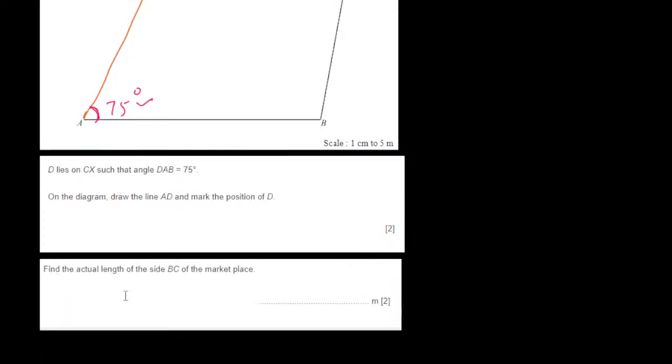Now find the actual length of side BC of the marketplace. The scale is given. With the help of your scale, you measure this BC length in centimeter and then multiply that with 5 meter, you will get the answer.